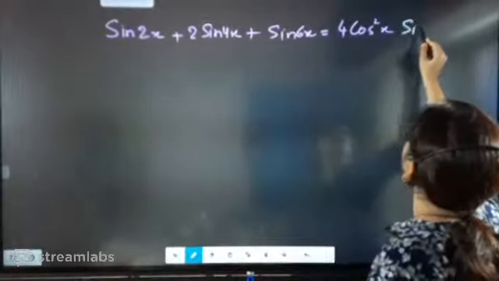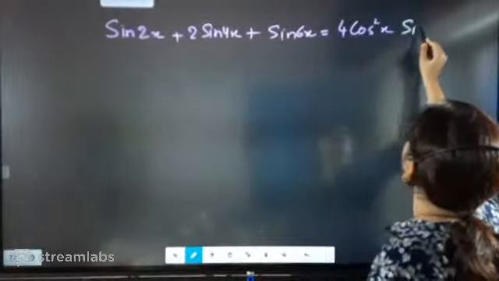Okay. Now I am going to apply the sine A plus sine B formula. This one will become 2 sine of (6x plus 2x) by 2 into cos of (6x minus 2x) by 2. Beta, because of commutativity with respect to addition, we can shift this: you can write sine 6x first and then sine 2x, and then write this formula.